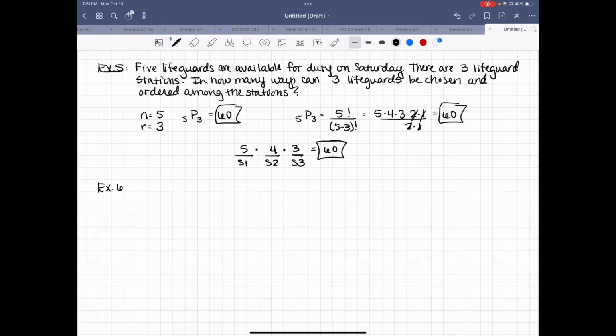Of the 3 lifeguard stations, 1 is located at the north end of the beach, 1 in the middle of the beach, and 1 at the south end. The lifeguard assignments are made at random. What is the probability that Bruce is assigned to the north station, Donna is assigned to the middle station, and Abby is assigned to the south station? Okay.